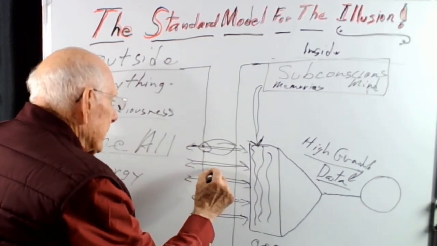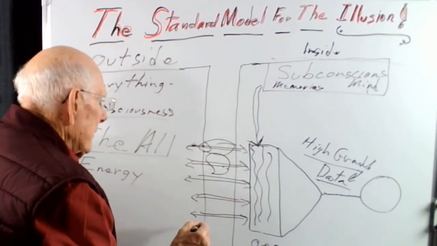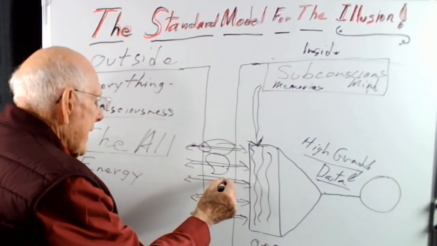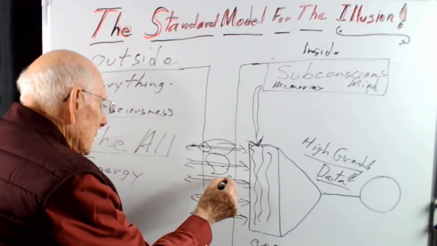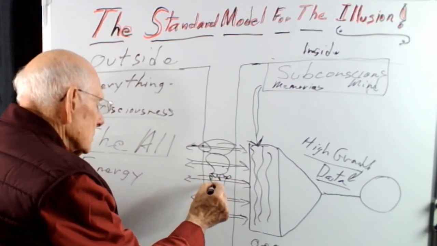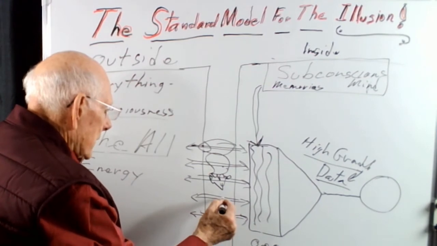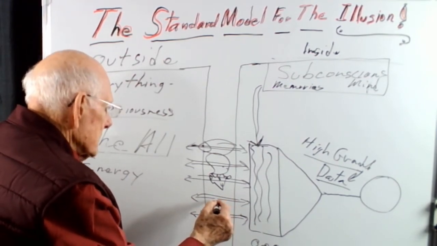We have an ear here. How the hell am I going to draw an ear? Okay, make believe that's an ear. And then we have a hand. If I could draw a hand, I would, with five fingers. And what do we got? Smell.